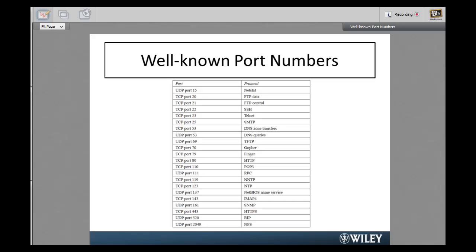These are the well-known port numbers we have, so just pay attention to the famous ones such as SMTP, POP3, HTTP. Okay, these are ports, and you see all of them are using UDP and TCP.